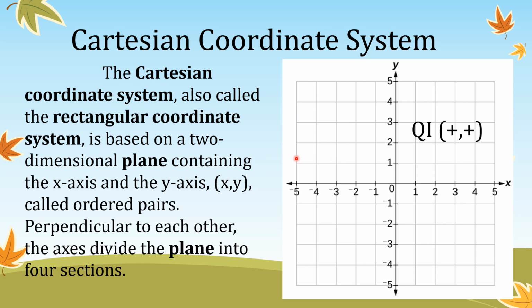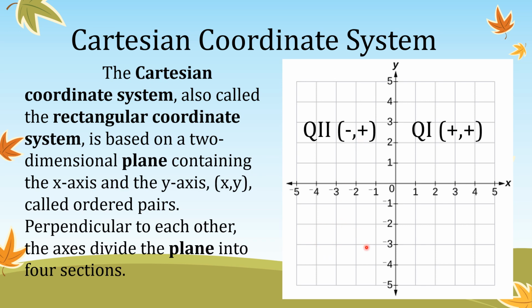So this is the second region of our Cartesian coordinate plane. We call it quadrant 2. The points placed on this part have coordinates where the sign of the x-coordinate is negative and the sign of the y-coordinate is positive.